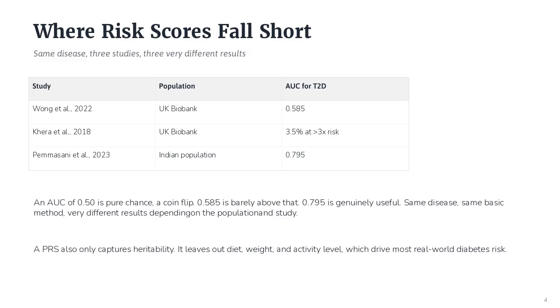However, Kara's landmark study found meaningful separation at the extremes, that top 3.5% of the population. But a study in an Indian population by Pemasani and colleagues found a much stronger AUC of 0.795. And part of what explains that is that these scores only capture the heritable piece. They leave out the diet, weight, and activity level, which still drive most of who actually develops type 2 diabetes.